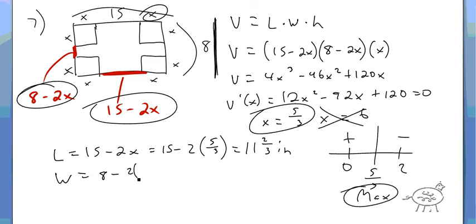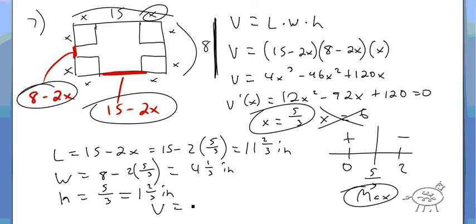So it's 8 minus 2 times 5/3, which comes out to be 4 1/3 inches. All right, and then our height is just the value of x. So the height is equal to 5/3 or 1 2/3 inches. Right, and the volume is just all those multiplied together, and that gives you 90 and 20/27 inches cubed.